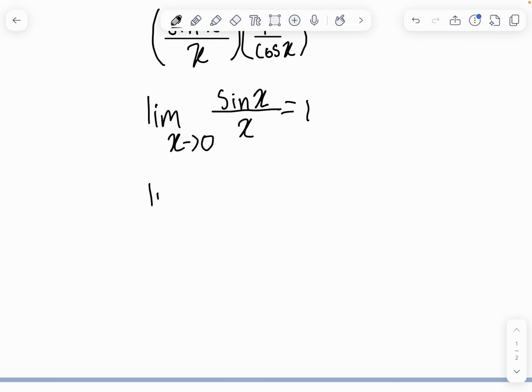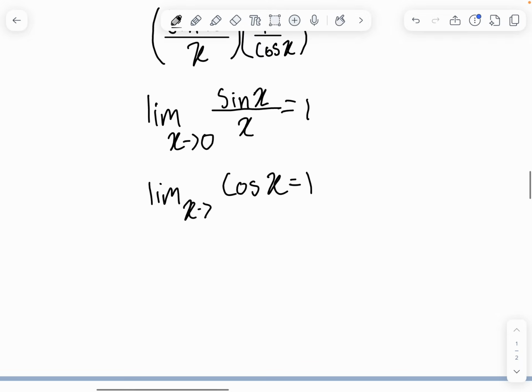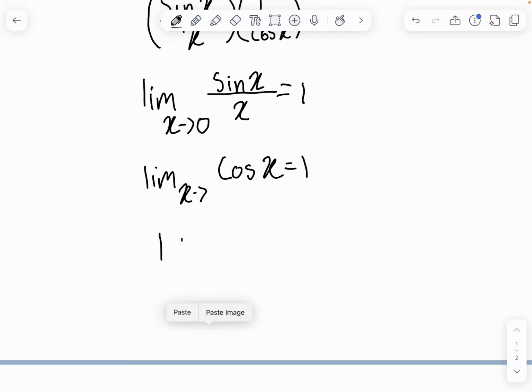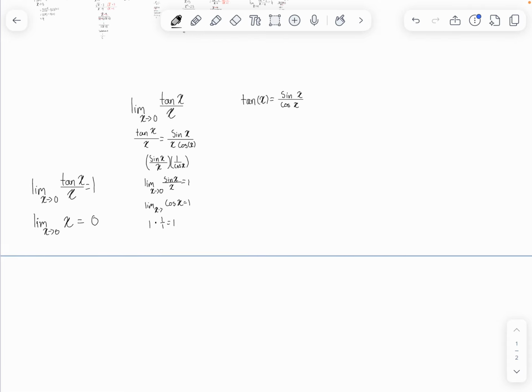And the limit as x approaches 0 of cos x is also equal to 1. So memorize that. Using that, we substitute and we get 1 times 1 over 1, which equals 1. So our answer is just 1.